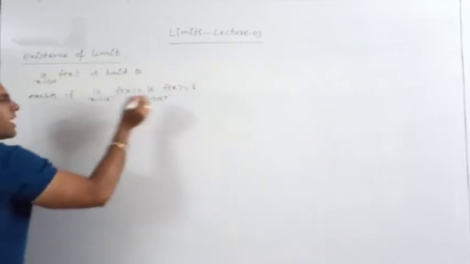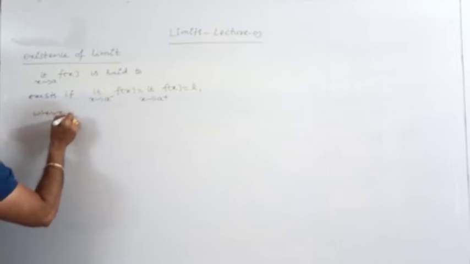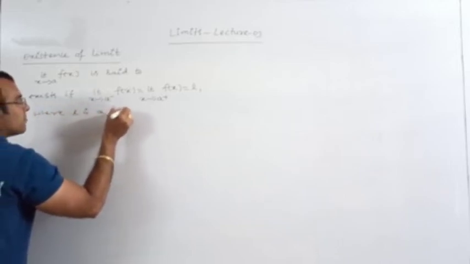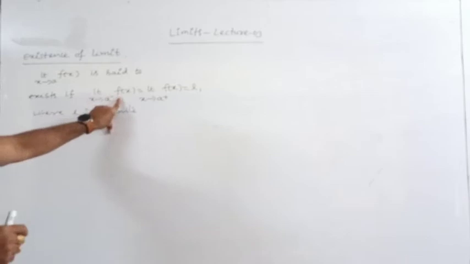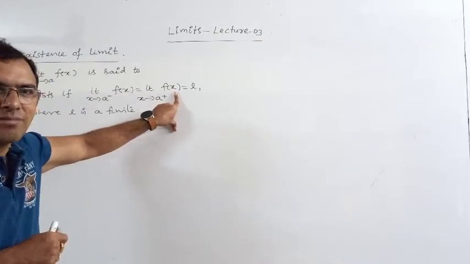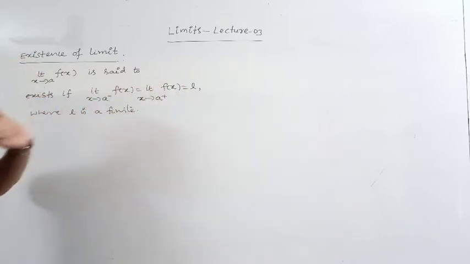Where L is a finite number. So when we say that a limit is said to exist if both left hand limit and right hand limit must be equal, and that should be a finite number.